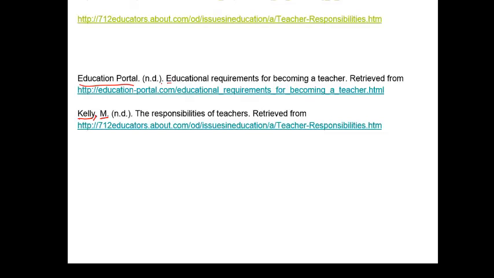If you were writing a paragraph about the responsibilities of a teacher and you wanted to use her at the end of your paragraph, you would finish your sentence and then put Kelly in your parentheses.